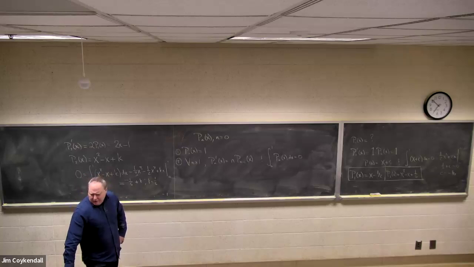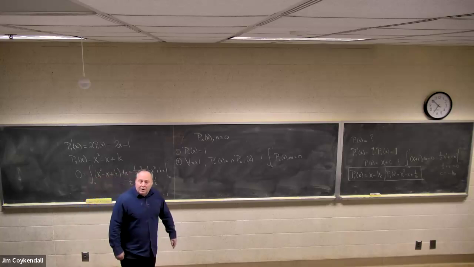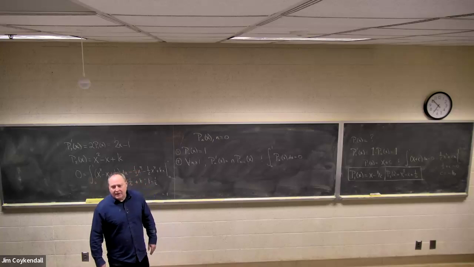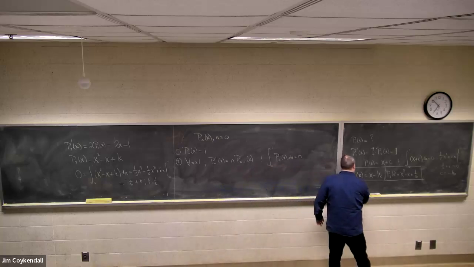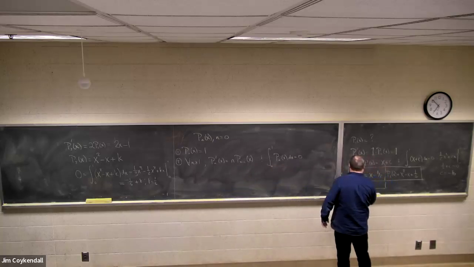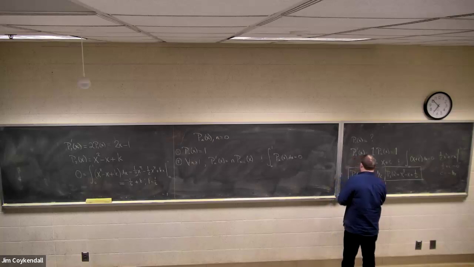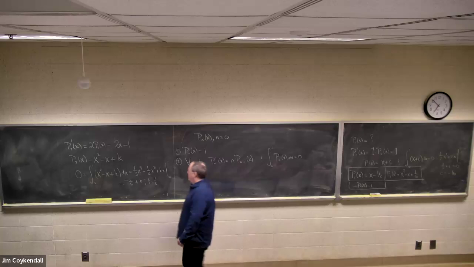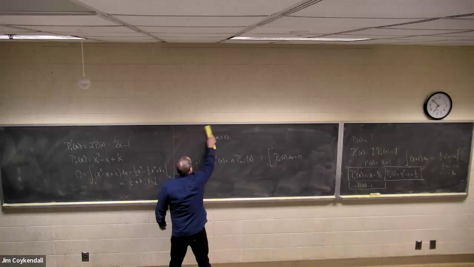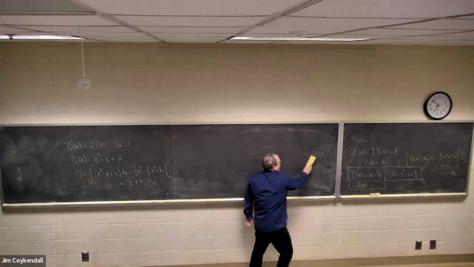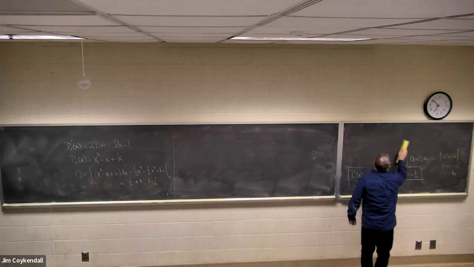Well, now we get down to it, because it says show by induction that Pn(x) is a polynomial of degree n and the highest degree term is x to the n. Fortunately, I've got more base cases than I can shake a stick at. I'll put the properties over here.